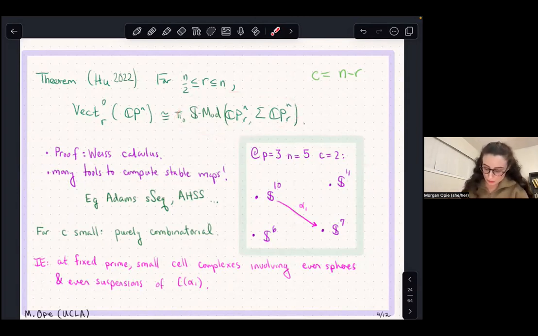We're looking at homotopy classes of maps from CP5,3 to its suspension. These complexes look like this, and we have exactly an alpha 1 here, which gives us that number 3, because the order of alpha 1 in the stable homotopy groups of spheres is 3. So you can see on this side of the picture how the computations p-locally for co-rank small relative to the prime are just going to be quite concrete.